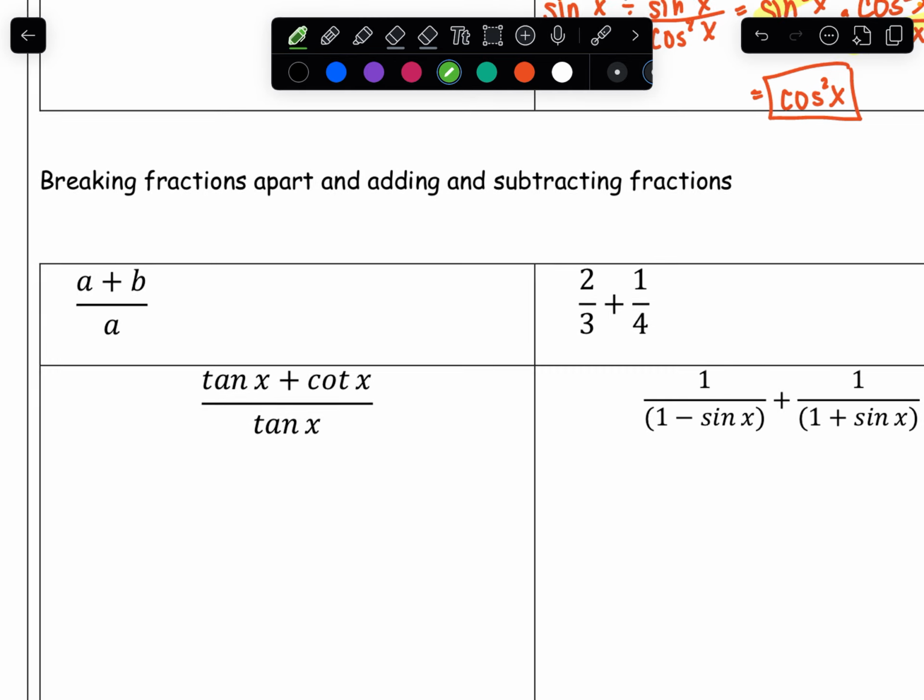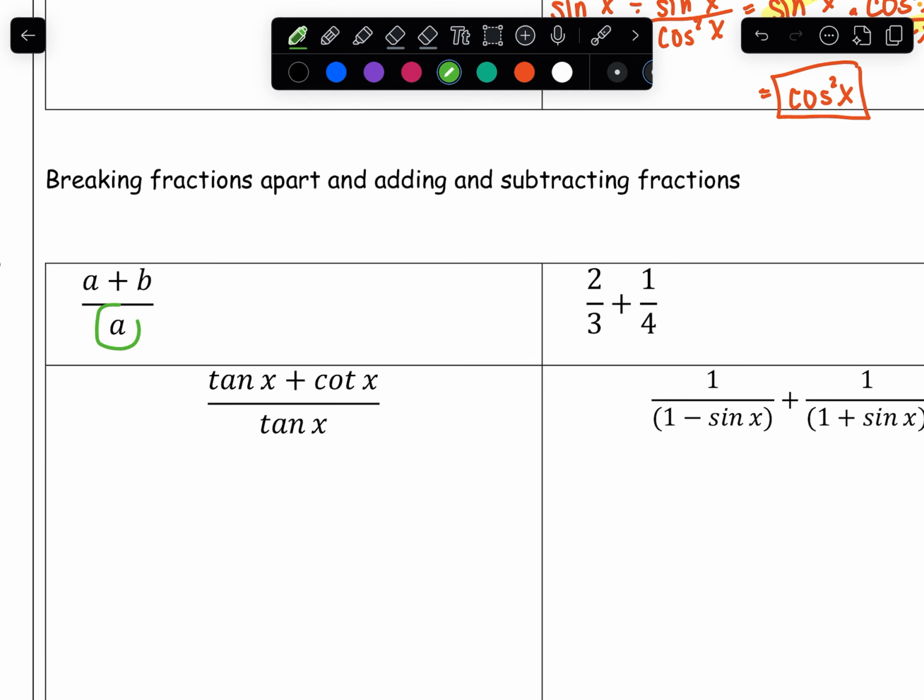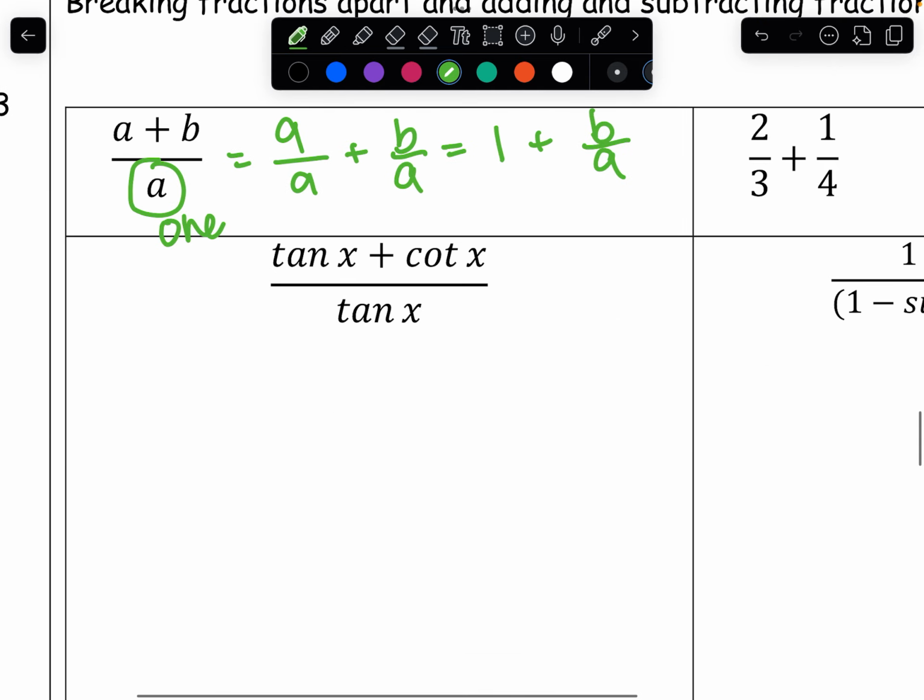Let's say we are adding two fractions with one term on the bottom. When this happens, you can separate that numerator, and so we would get 1 plus b over a. And so let's look at this problem.